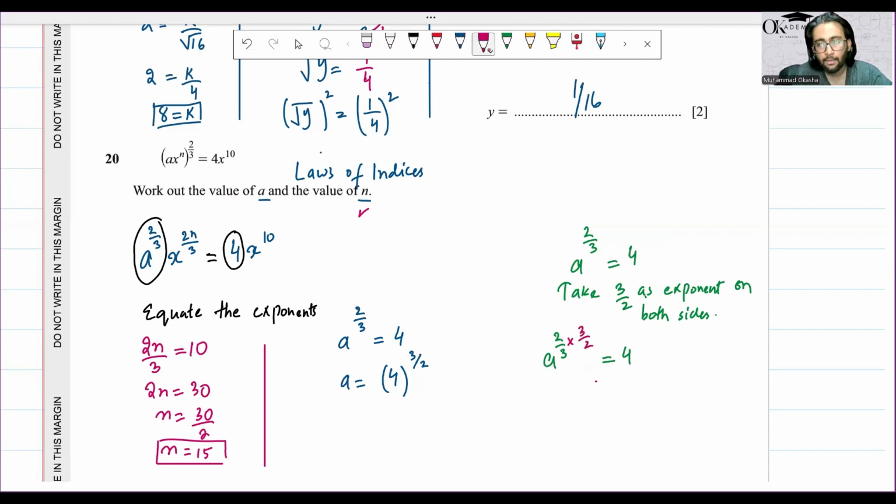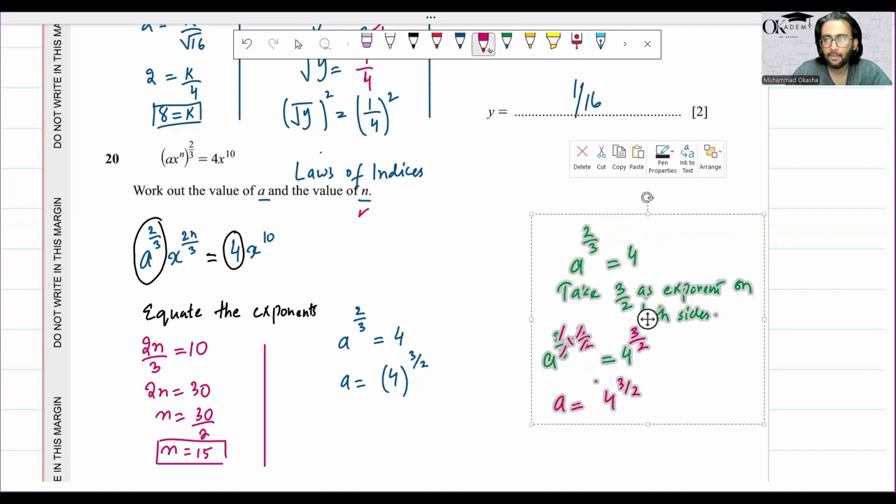The reason that I specifically picked 3 over 2 is so that I can cancel out the 3 and the 2, and I'll be just left with a is equal to 4 to the power 3 over 2. Just in case you're wondering how it happens, this is how it happens.